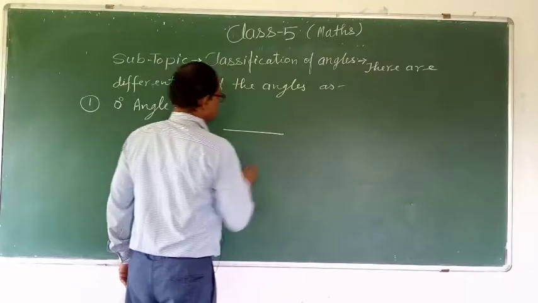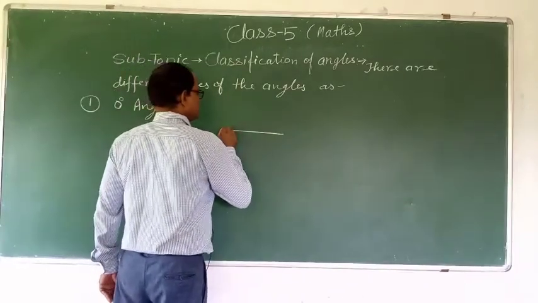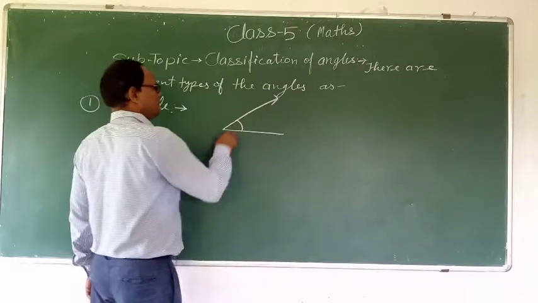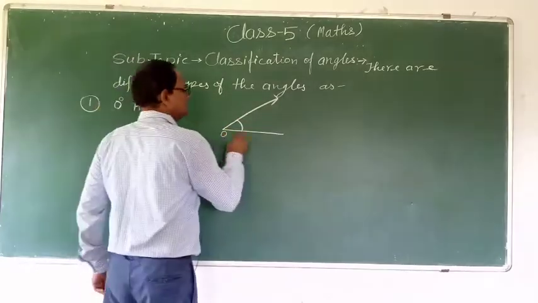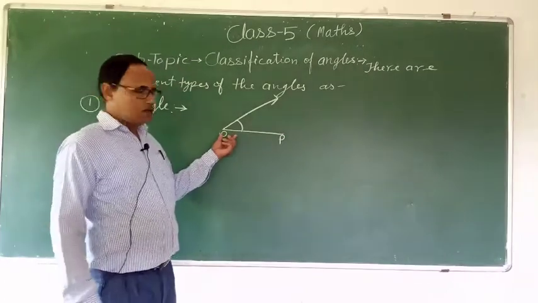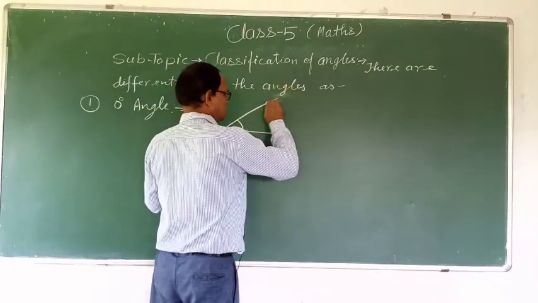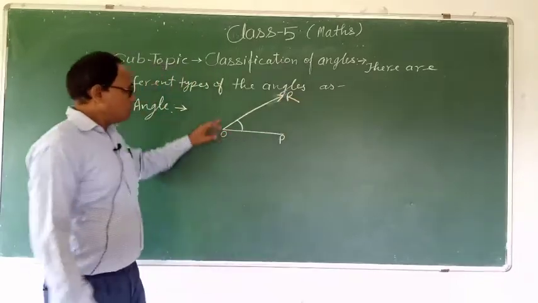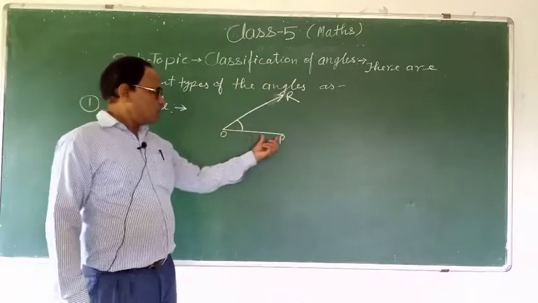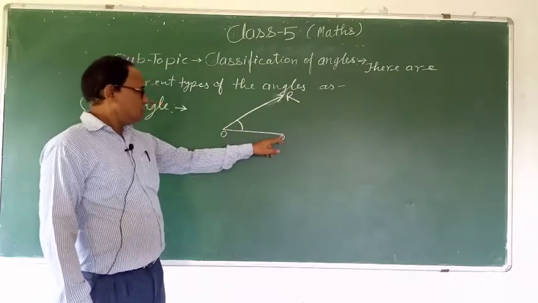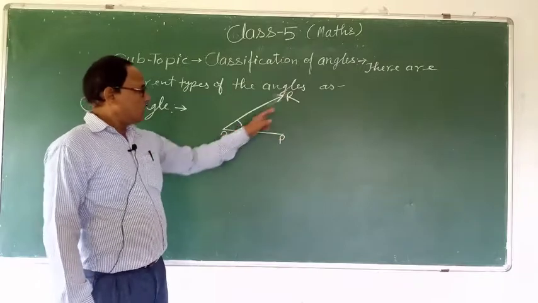Here, the 0 degree angle. It is an angle, but it is not a 0 angle unless the rays coincide. Let this line be OR. When the line OR falls on OP, or overlaps OP, then the angle POR is equal to 0.